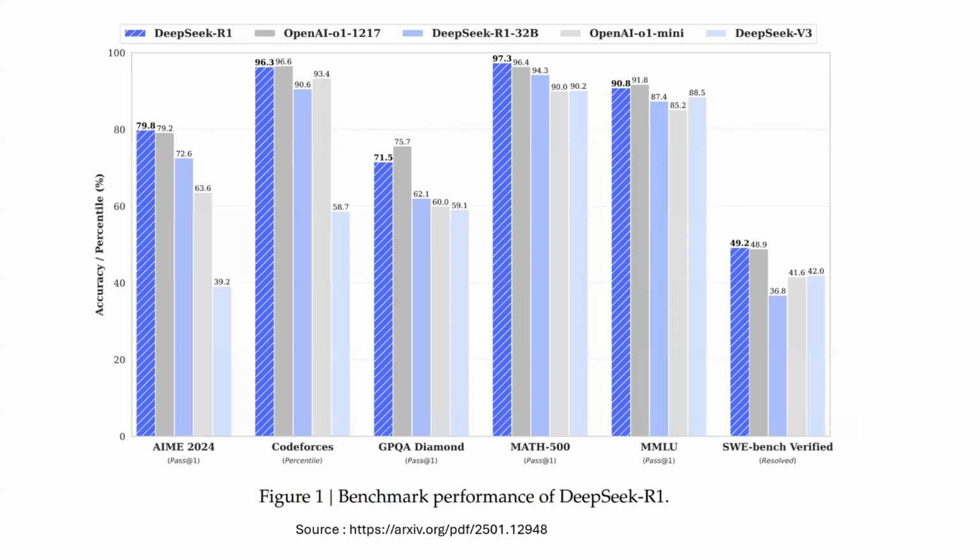What really caused the huge reaction on social media is the benchmark performance. The AIME benchmark is like a high school maths competition that has been running since the 1980s till now.